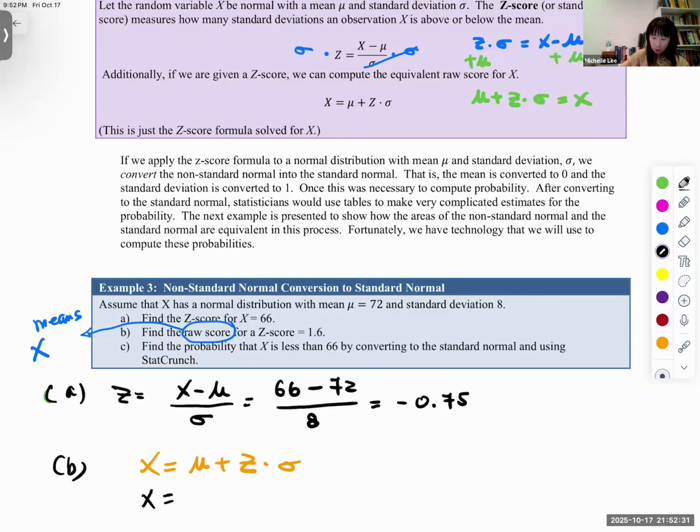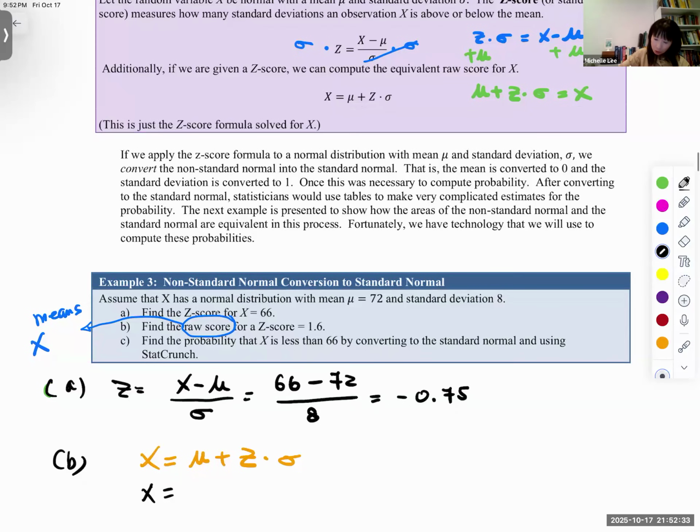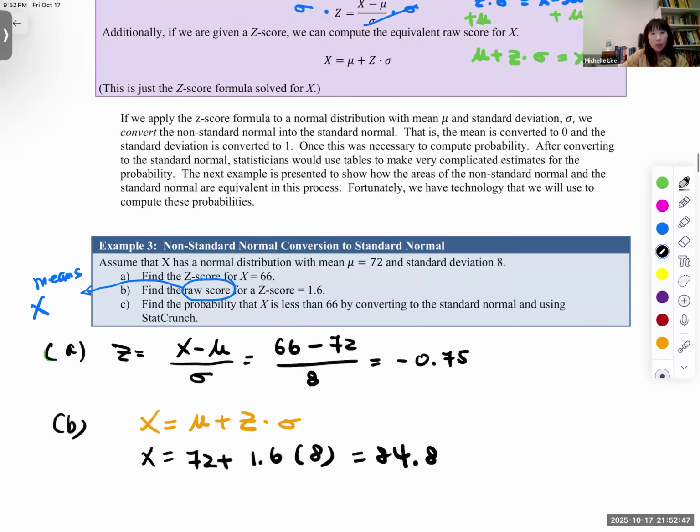That's the raw score. The mu, which is 72, plus z-score 1.6, sigma is 8. What do you get? 84.8, right?